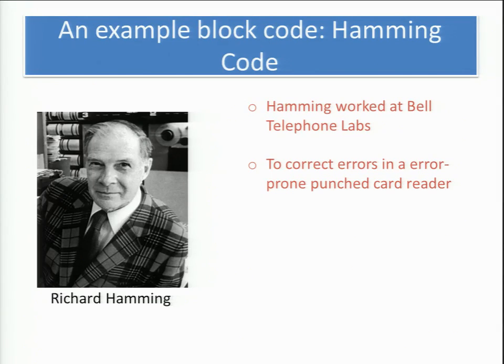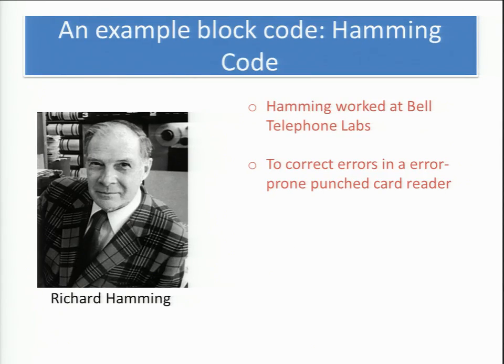The first code in coding theory, the code which invented the field of coding theory by this block-based scheme, is called the Hamming code. Hamming was working in Bell Telephone Laboratories, and he was very annoyed by one problem they were facing. There was an error-prone punch card reader. They could detect errors, but somebody had to manually correct them every time.